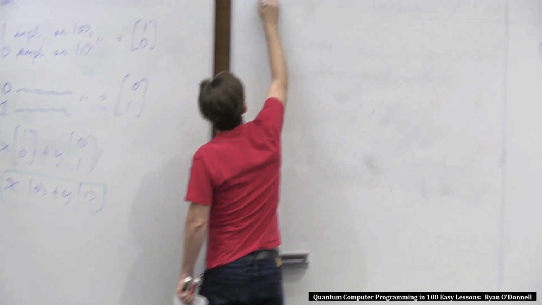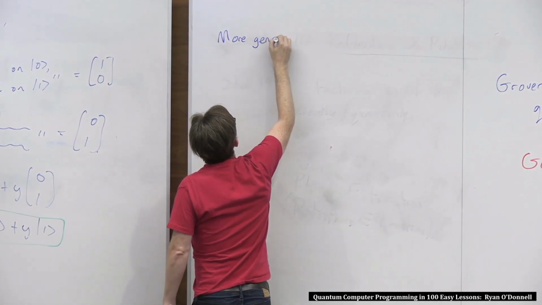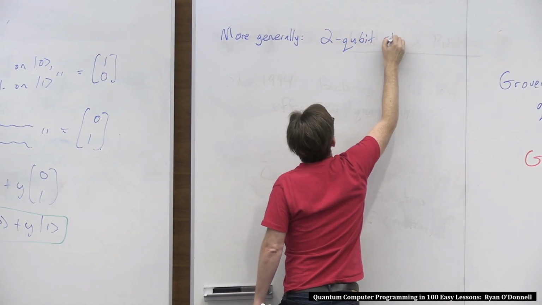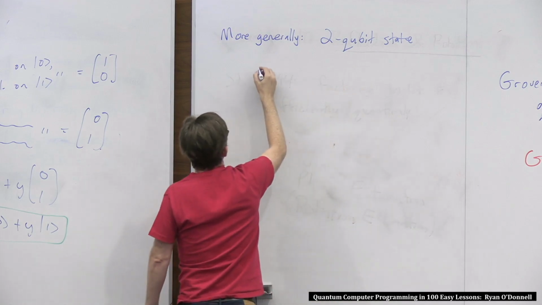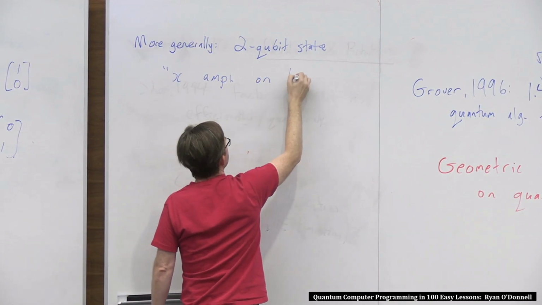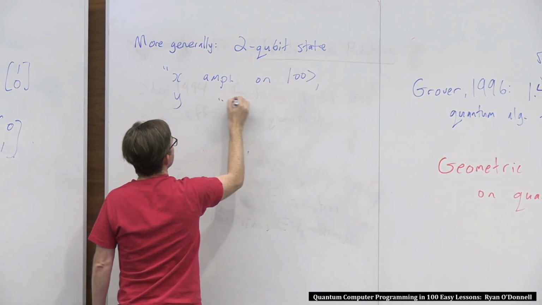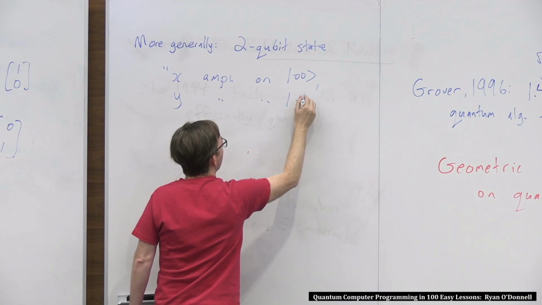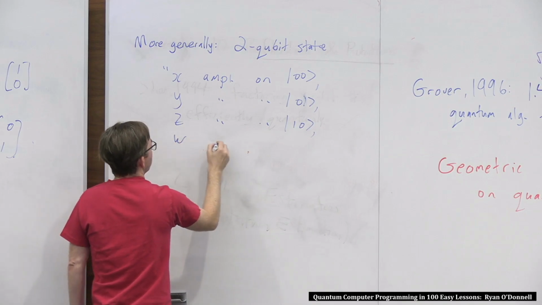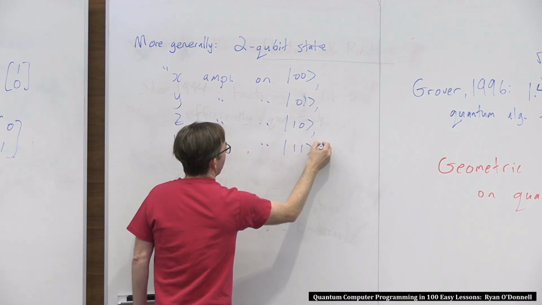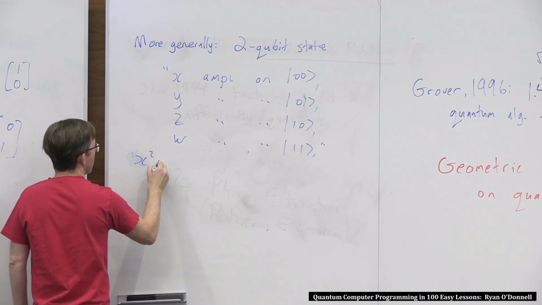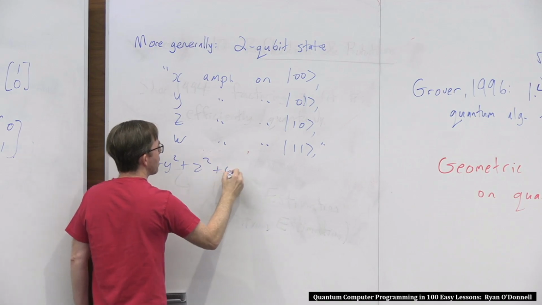So more generally, if you have, let's say, 2 qubits, we saw that a 2-qubit state is something we used to write laboriously as x amplitude on the basic state 0,0, y amplitude on the basic state 0,1, z amplitude on the basic state 1,0, and w amplitude on the basic state 1,1. And we had this normalization rule that x squared plus y squared plus z squared plus w squared equals 1.